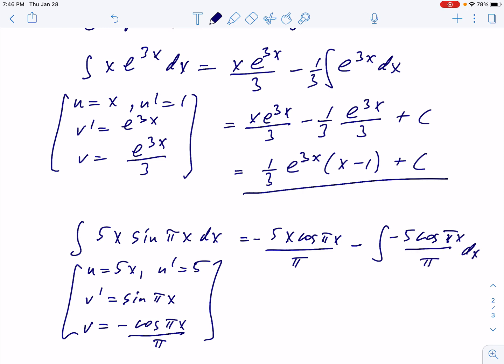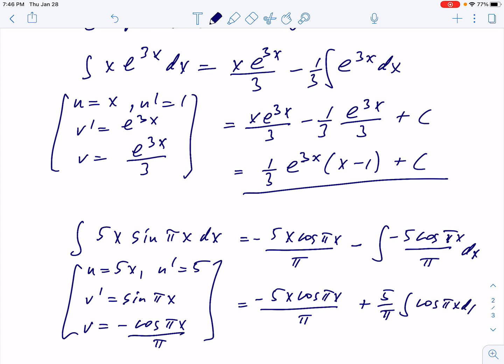In the second integral, on the right side, there is no more x. Continuing this work, I can write here negative 5x cosine pi x over pi. Two negatives will be plus. Let's just simplify here for the moment. 5 over pi I can move outside.